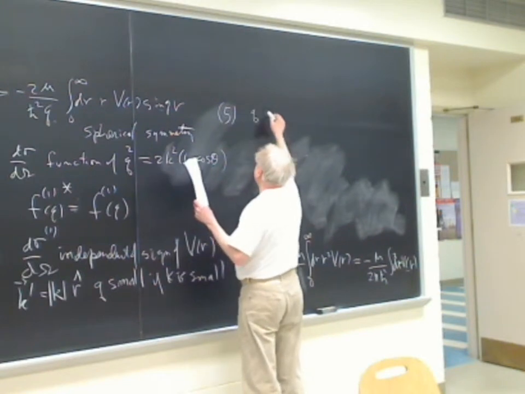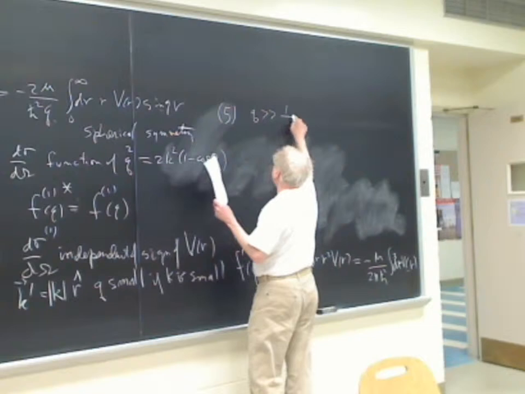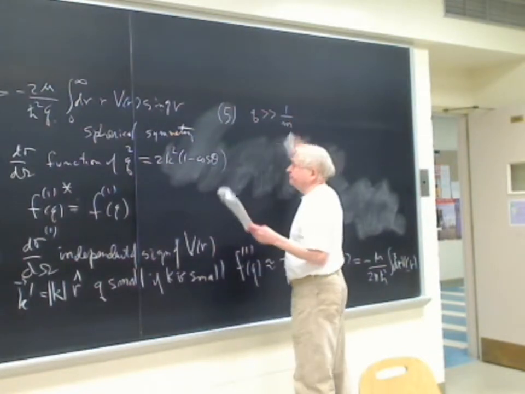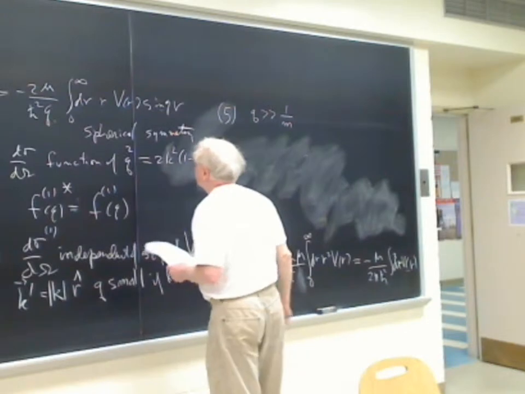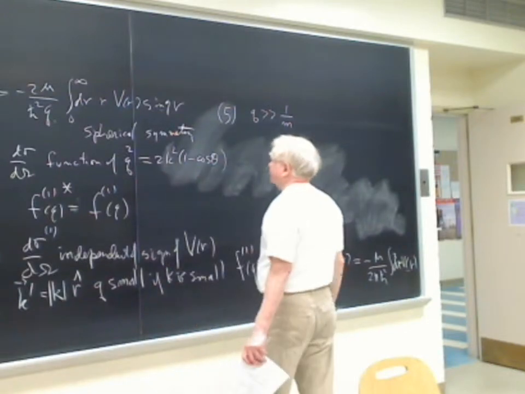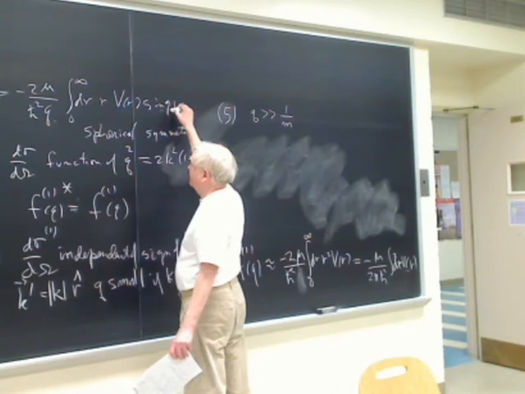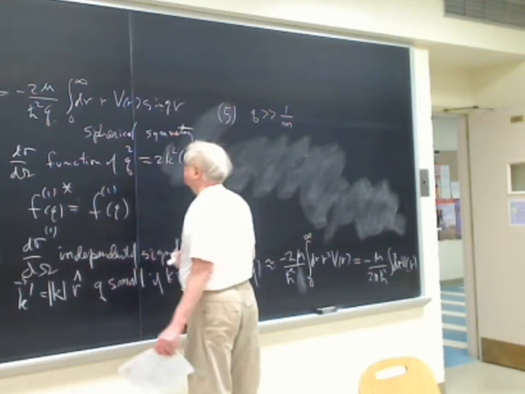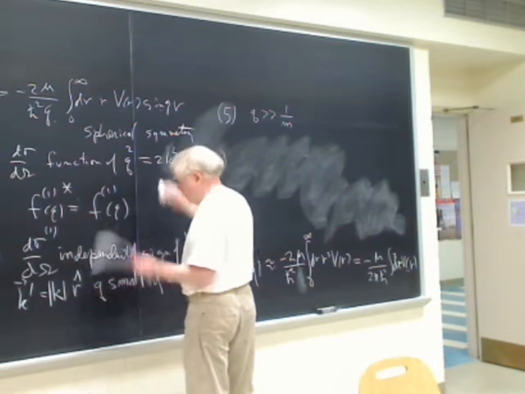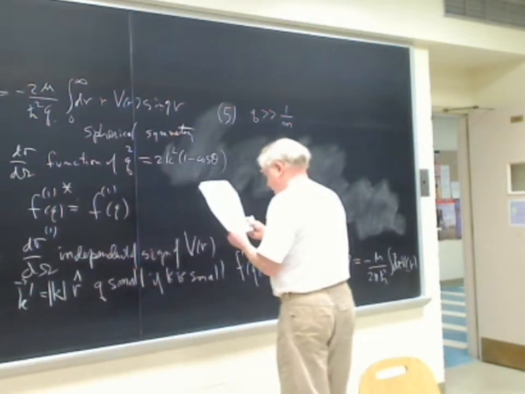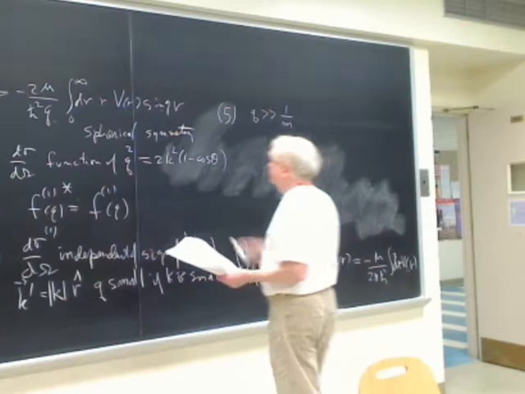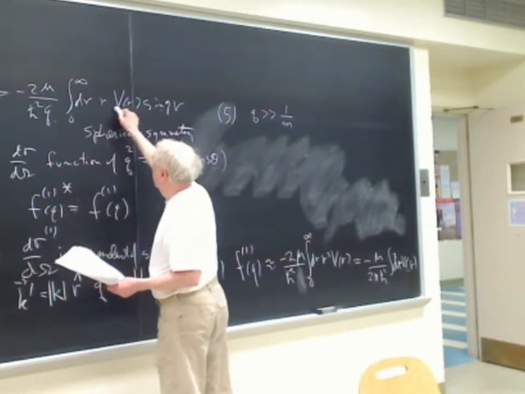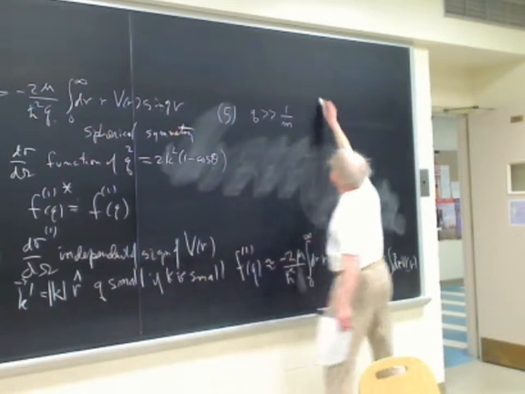When Q is much, much greater than 1 over the range of the potential. In other words, if you have Q going to infinity here, then what happens is this: you get that the sine of QR oscillates like crazy over the region. In other words, it looks like this.